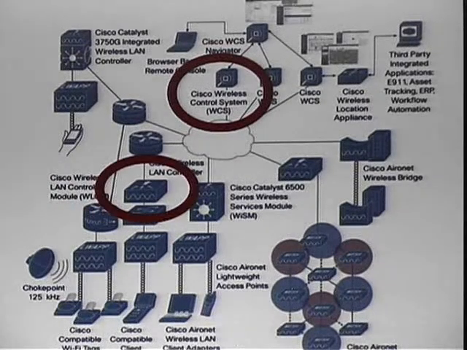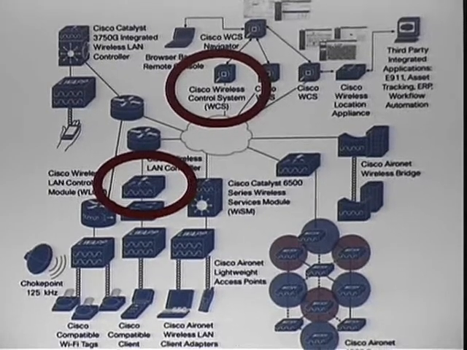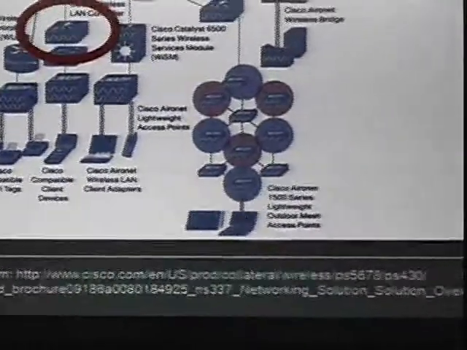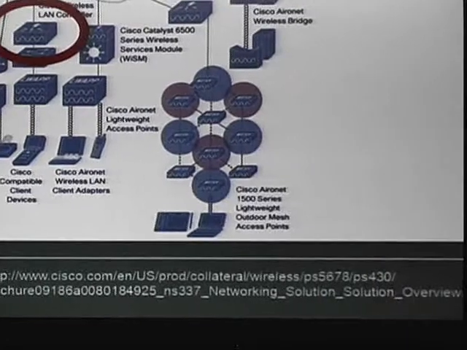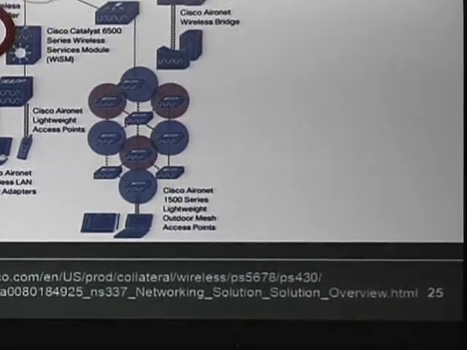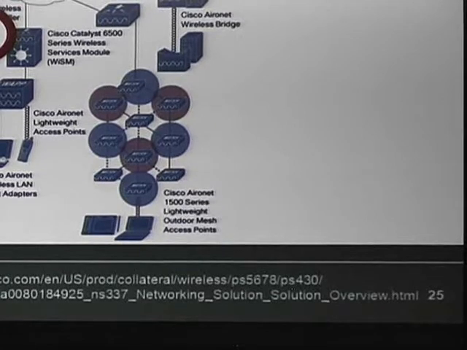And there is, I mixed up, the first one is the management entity, which was the WLSE in the old world. Now those devices are the LAN controllers pushing config details to the access points, which in this generation are dumb. They are no longer autonomous as they have been before.